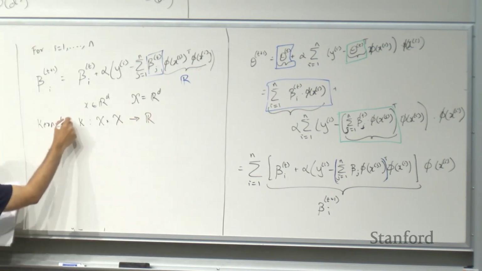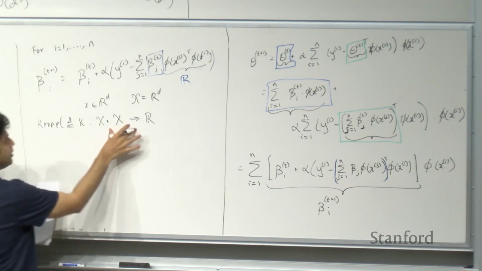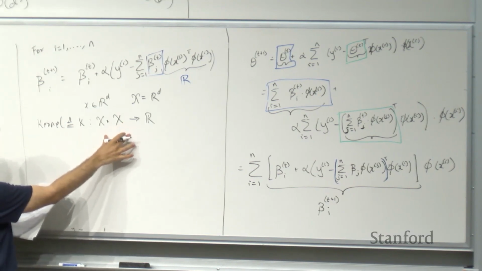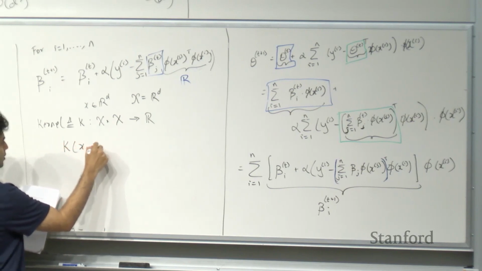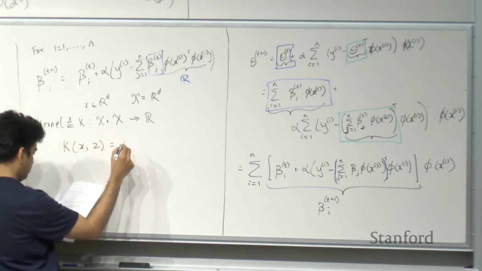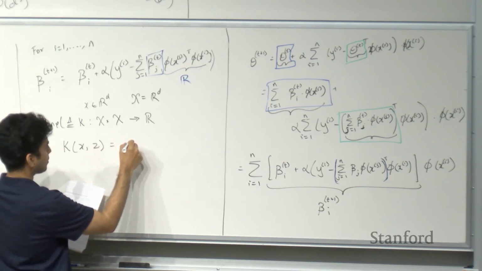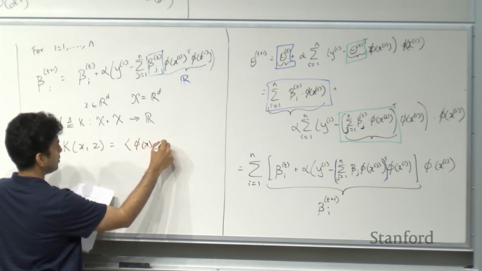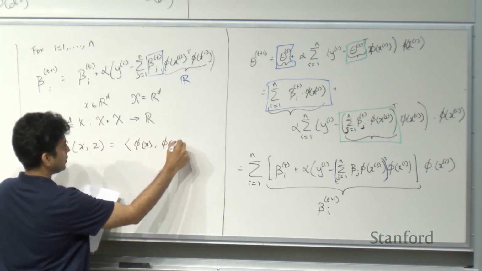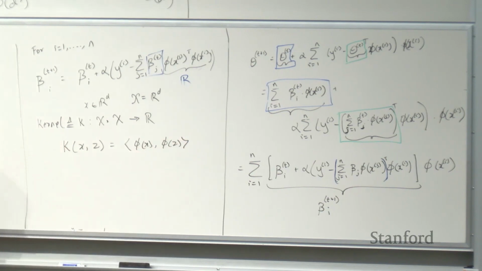This is the definition of a kernel, and it does it in such a way that k of x comma z is equal to the inner product between phi of x and phi of z, where phi is some feature vector.